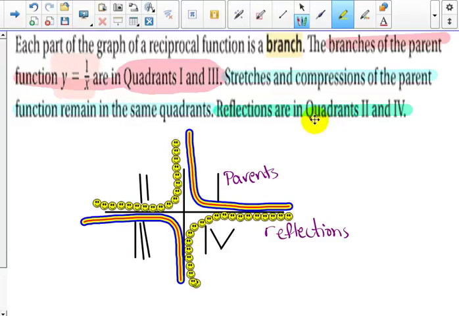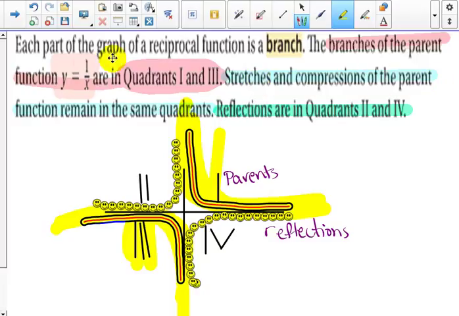Now, I've made a little chart here. Each part of a graph of a reciprocal function is a branch, so we call these branches. The branches of the parent function, y equals 1 over x, are in quadrants 1 and 3. So I've got them marked with this stripy thing right here. There's your parents in quadrants 1 and 3.